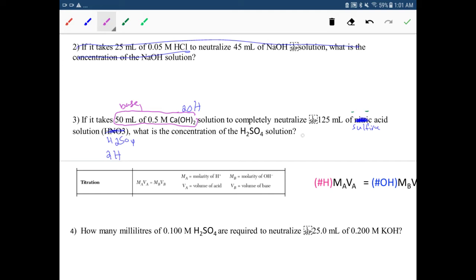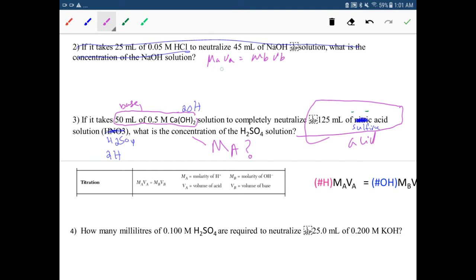And then here, neutralizes 125 milliliters of sulfuric acid. This is my acid information. The question is asking what is the concentration of the H2SO4 solution. So this is MA. It's unknown. That's the question mark. Let me write the formula down. MA VA equals MB VB.